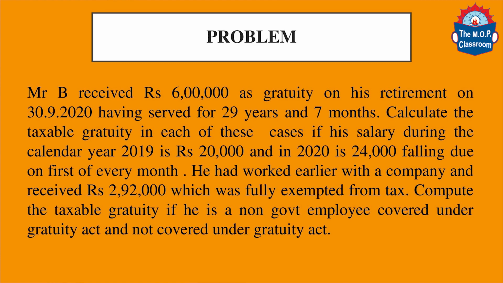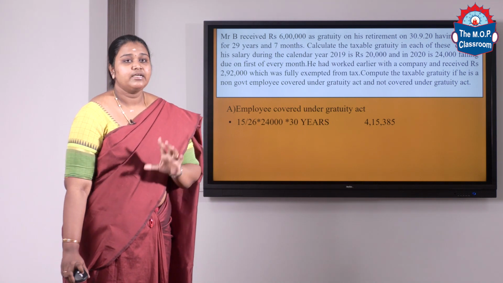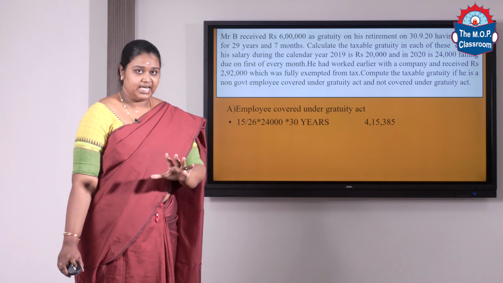Now, the question states 2 cases: a non-government employee covered under the Gratuity Act and a non-government employee not covered under the Gratuity Act. Situation number 1, if he is a non-government employee covered under the Gratuity Act. Provision number 1 is 15 days of salary.